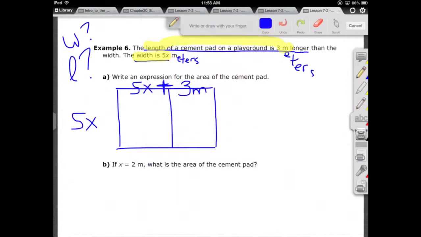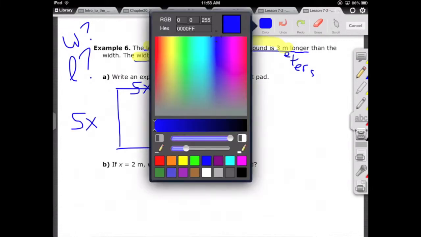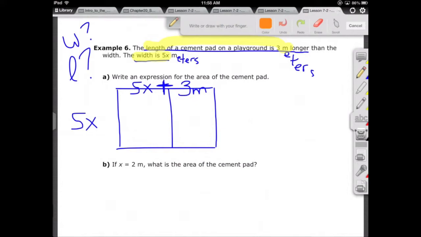Again, it's just length times width. So I meant to grab a different color. Let's go back to orange. We have 5x representing one side being multiplied by the other side, which was just 3 more, like that.